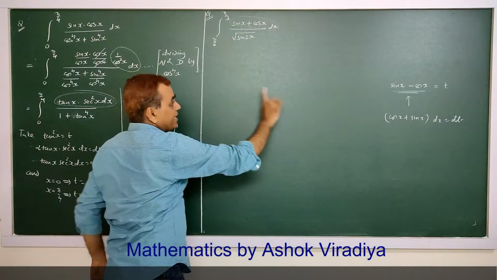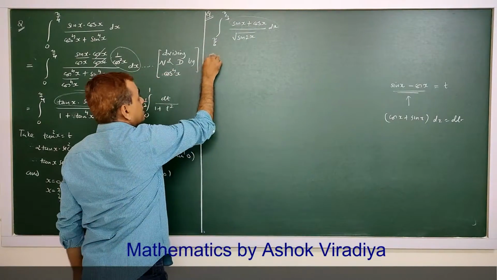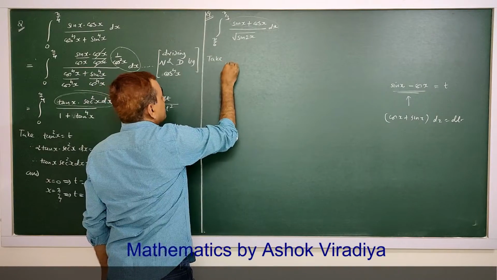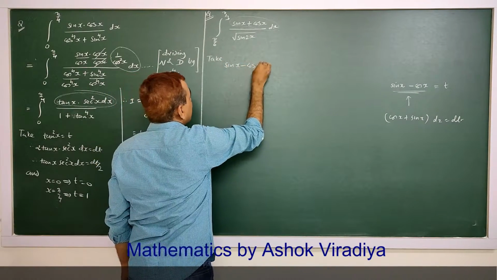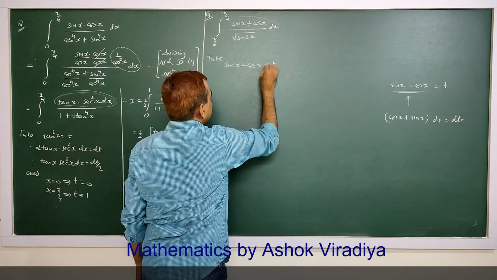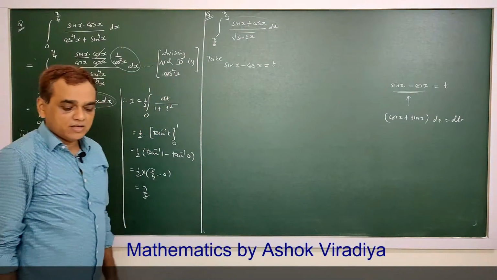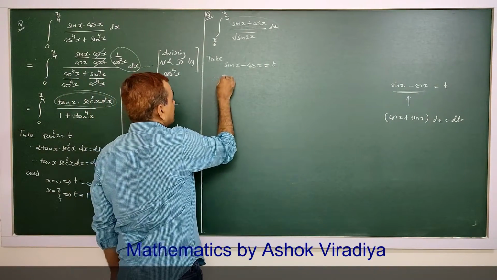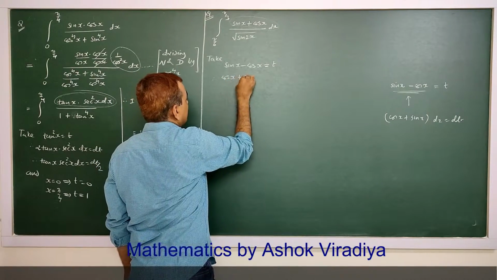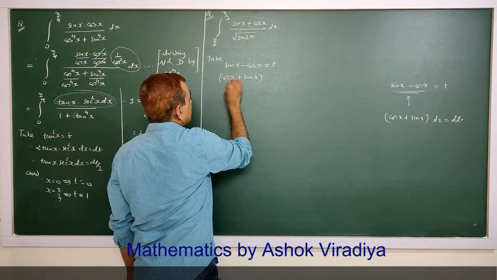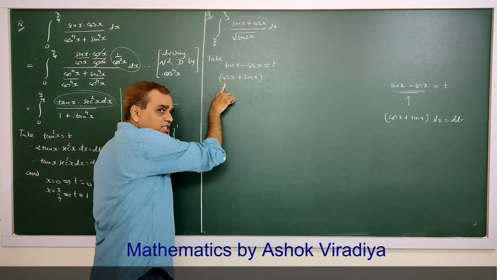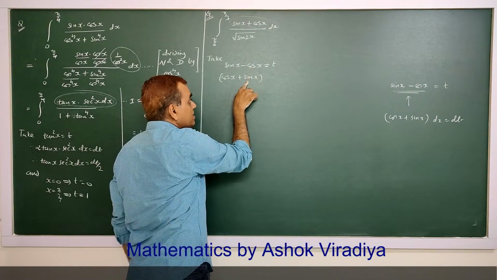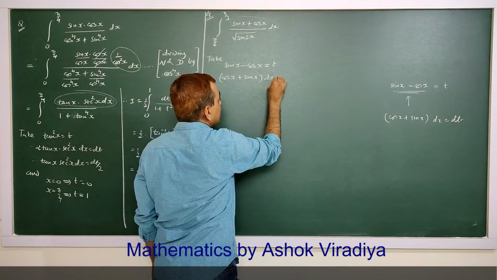Its antiderivative is sin x minus cos x. So we take sin x minus cos x equal to t. Therefore the derivative: derivative of sin x is cos x and of minus cos x is plus sin x, so cos x plus sin x dx is dt.